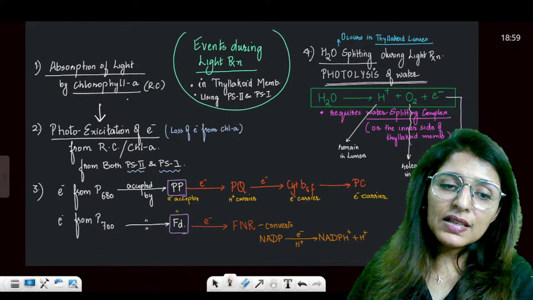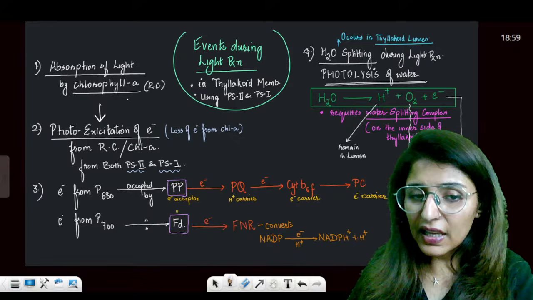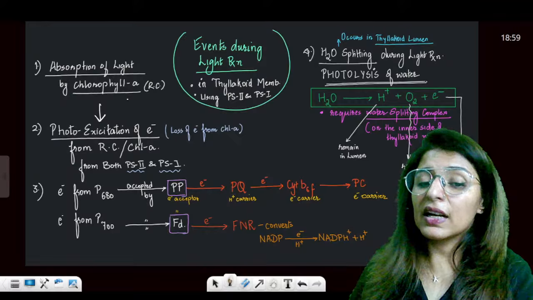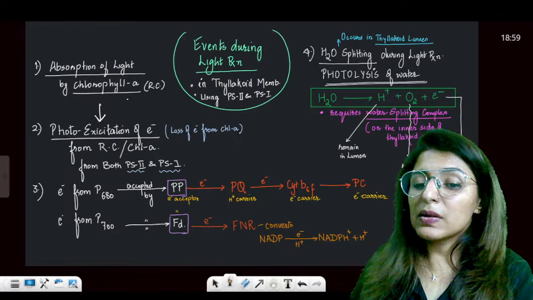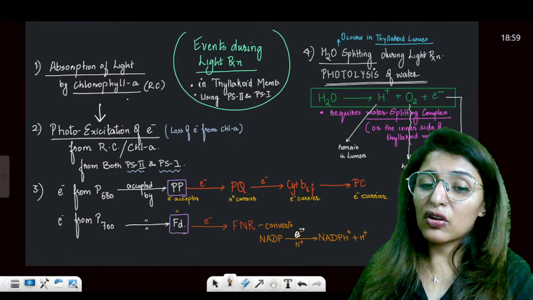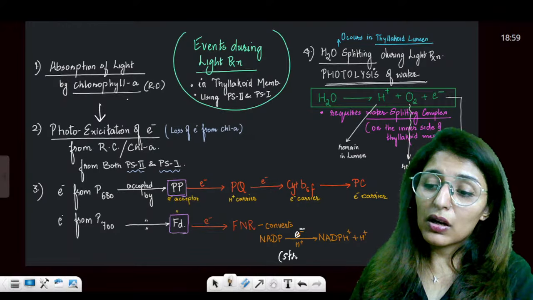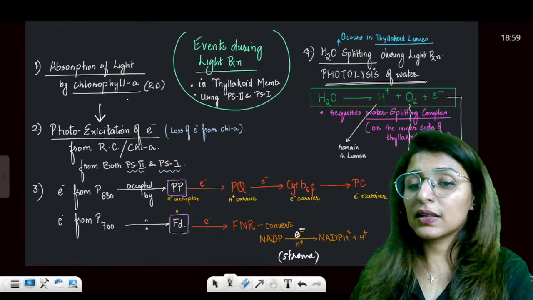And from P700 it went to FD, then the electron from FD went to FNR. FNR converts NADP plus to NADPH by taking the electron coming from behind, and H positive ions were taken from stroma. Please tell me all these points are clear to you.